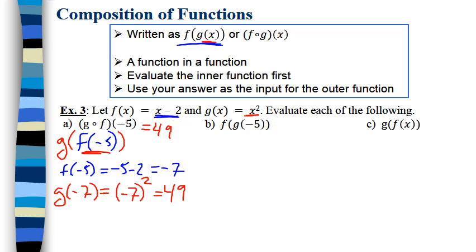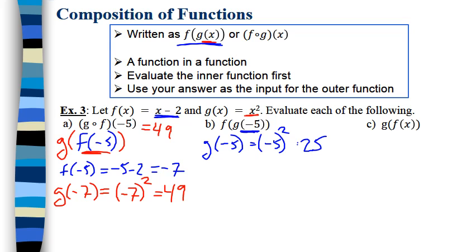And we can do the same thing here. So we know f of g of negative 5, and now the input goes in the g function first. So g of negative 5 is negative 5 squared, which is 25.